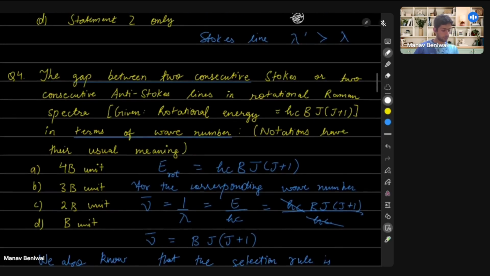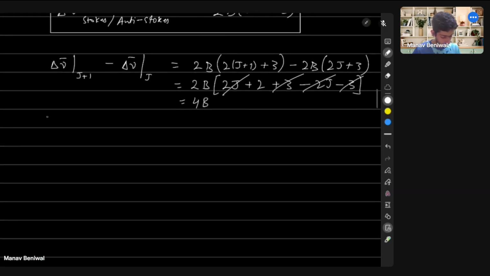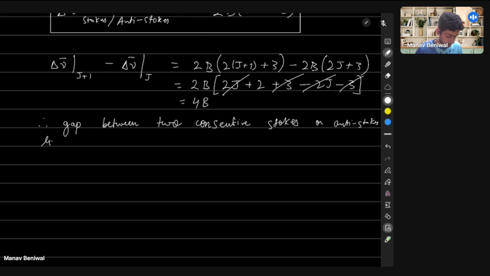Therefore, the gap between 2 consecutive Stokes or anti-Stokes lines in terms of wave number is 4B.